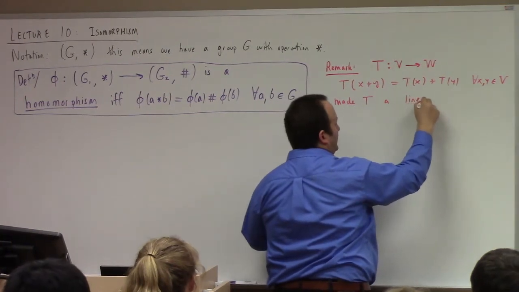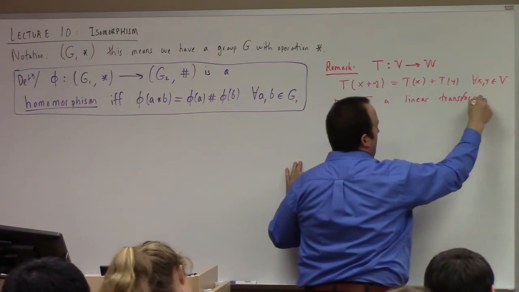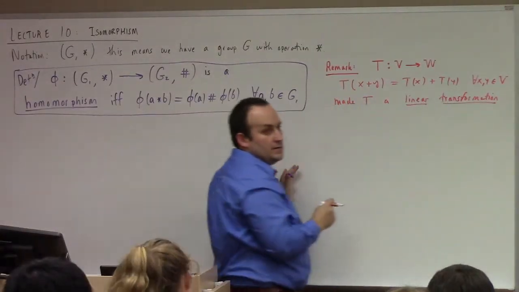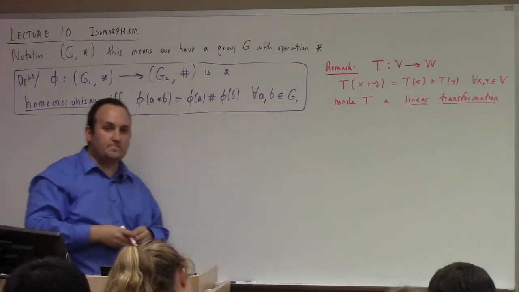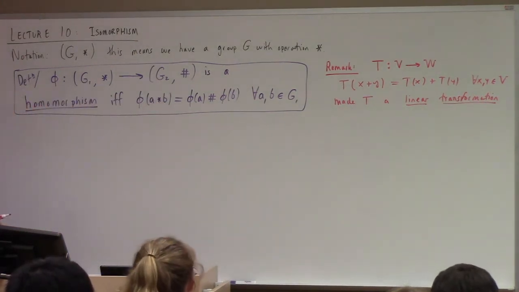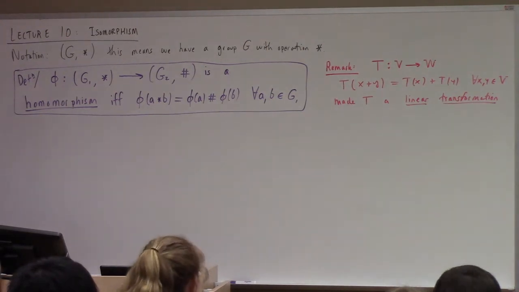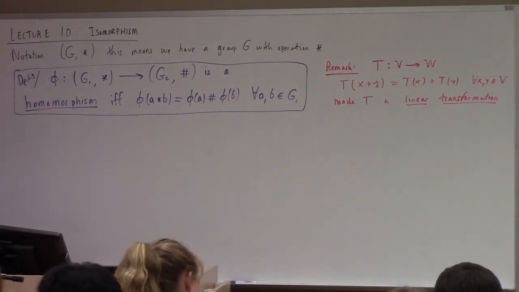It was a linear transformation. So the concept of homomorphism is much like the concept of linear transformation. It says that the operation on G1 is in some sense transported to the operation on G2 in the natural way. It's structure preserving.